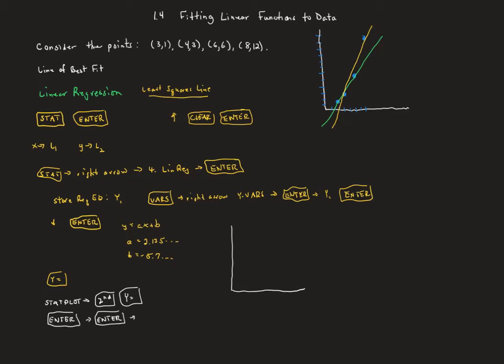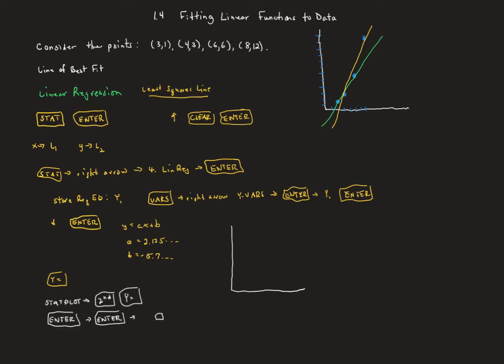You can do that by going second 1. And the Y list should be L2, and similarly, if it isn't, you can down arrow, right arrow, and go second 2. I like to mark that kind of square button on the very end. That's what the data points are plotted with, and I just think it's a little bit easier than if you have a plus sign or just a dot.